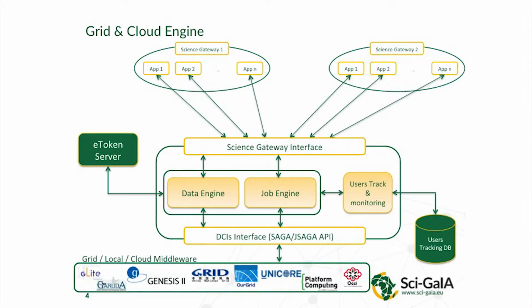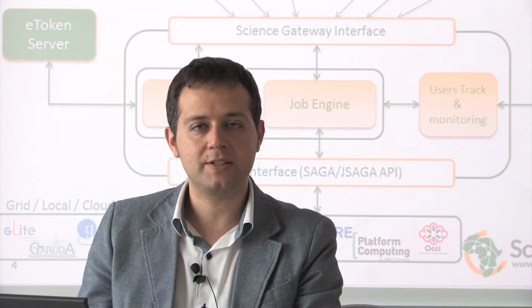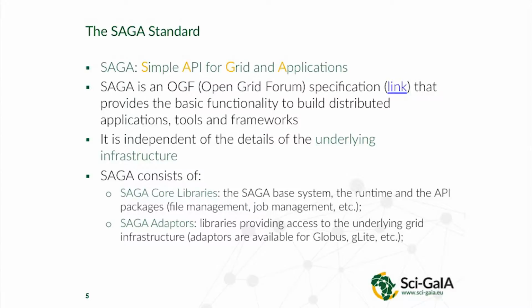Finally, the last item of the Grid and Cloud Engine is the e-token server. The e-token server is a standard-based solution that manages proxy certificates, proxy credentials. And those credentials could be used to access those infrastructures that adopt X509 authorization mechanisms.